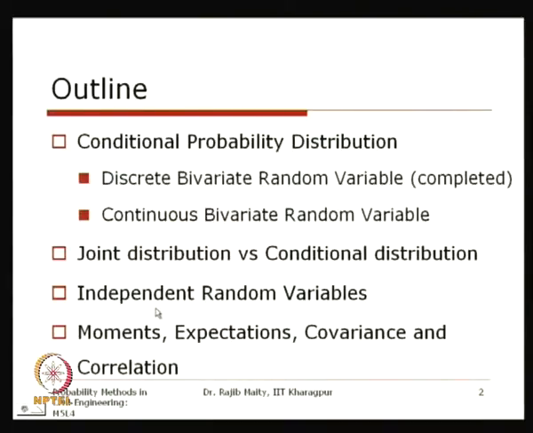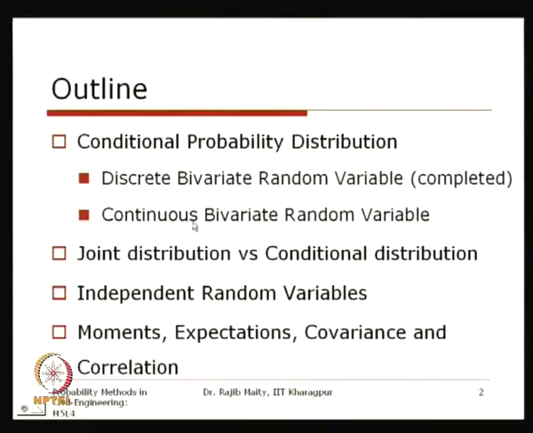And after that gradually we will move to different measures of association among the random variables through their moments, expectation, covariance, correlation. Maybe all these properties will not be covered in this lecture itself, but gradually this will be the overall outline of how we will proceed one after another.